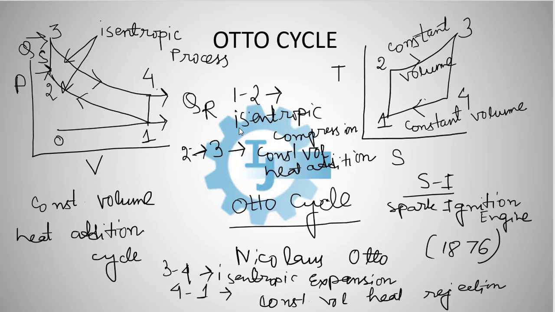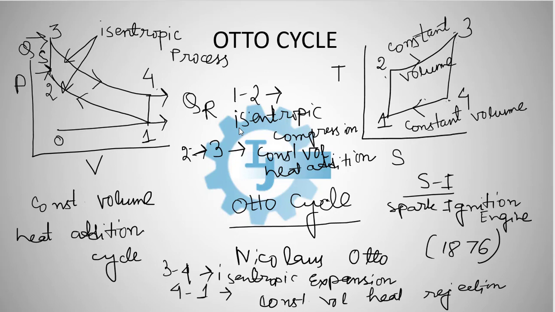This process is similarly shown in the TS diagram. Here the 1 to 2 is isentropic compression, 2 to 3 is constant volume heat addition, 3 to 4 is isentropic expansion, and 4 to 1 is constant volume heat rejection.